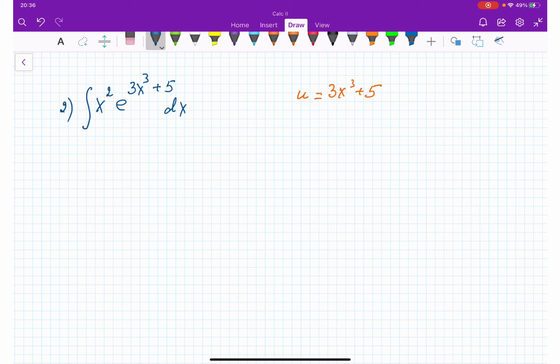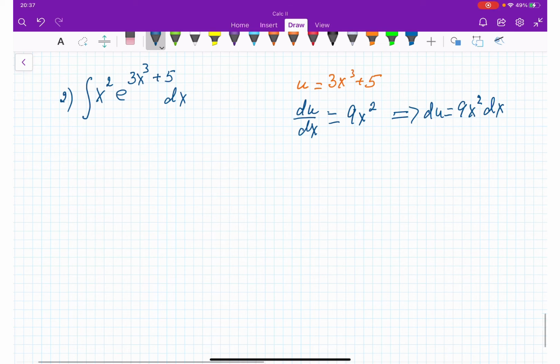From here we take the derivative, du by dx. Since the derivative of u is 1, what do we have left? The derivative of 3x cubed plus 5 is going to be 9x squared, and the derivative of 5 is 0. And from here, du is equal to 9x squared dx.